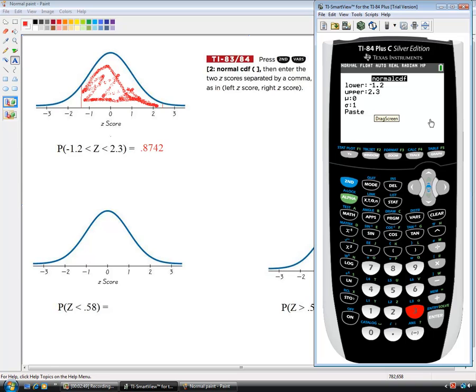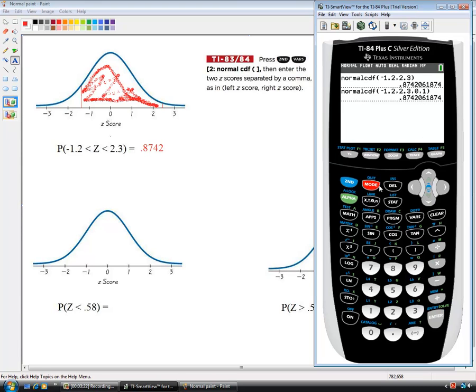They should default to the standard normal, so you shouldn't have to mess with them at all, but it's possible if you've been doing a bunch of different things and just using a different type of normal, a regular normal, not standard, that these have values, and that's where you'll put those later on. But we paste, and now it has the lower, the upper, and the mean and standard deviation, which are the other two things the normal CDF will take when you're dealing with something other than standard normal. And we're going to get the same answer.